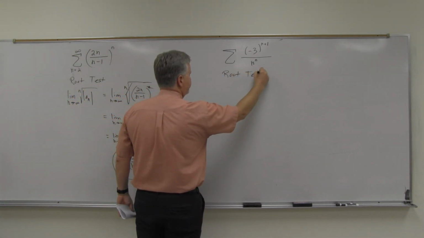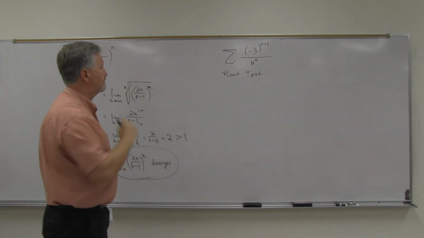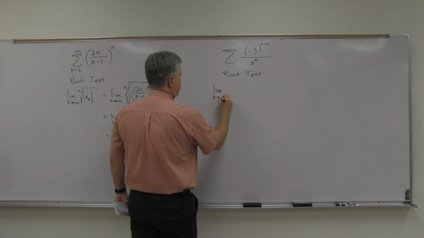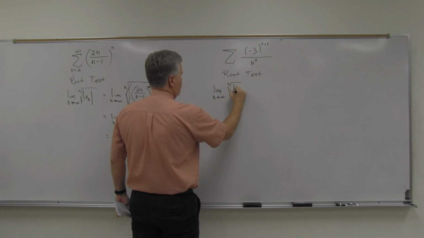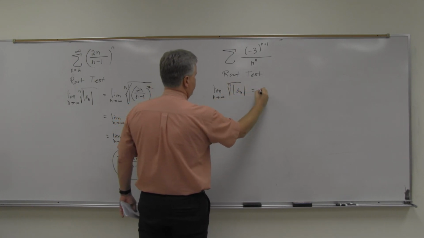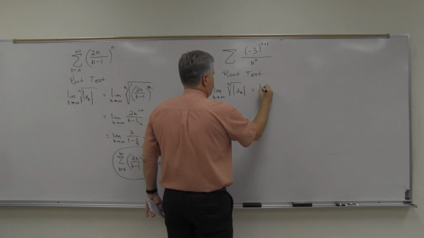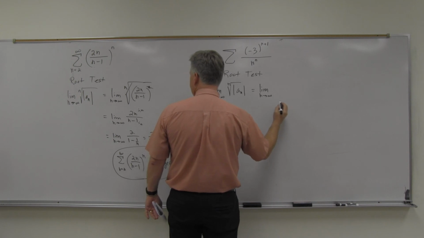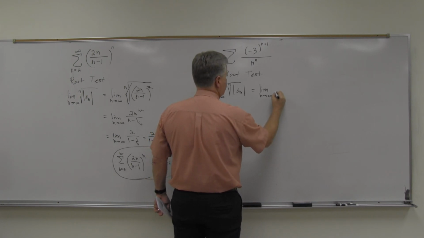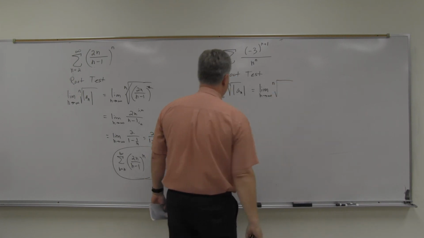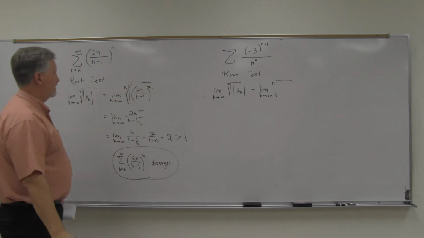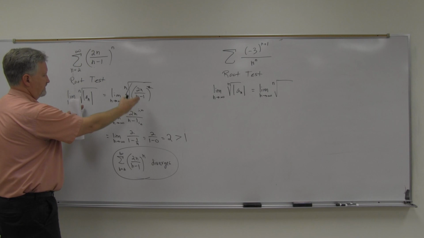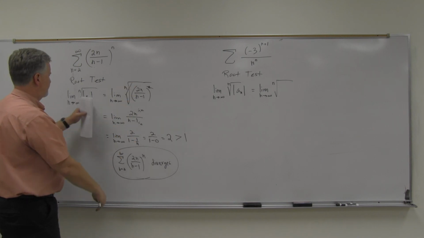Okay. So what we've got here is the limit as n goes to infinity of the nth root of the absolute value of a sub n. Again, the absolute value hasn't really played a role here. I just kind of dropped it on those other ones. I forgot to really talk about it, but the terms were all positive, so I just wound up dropping the absolute value.